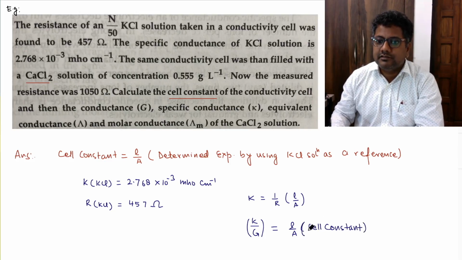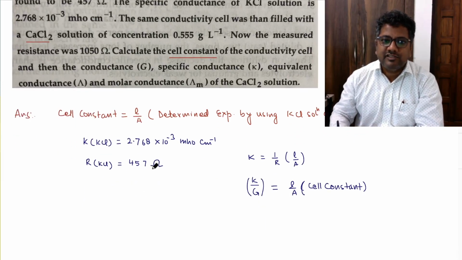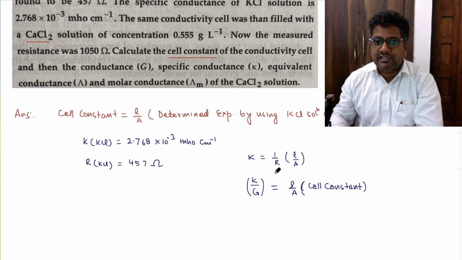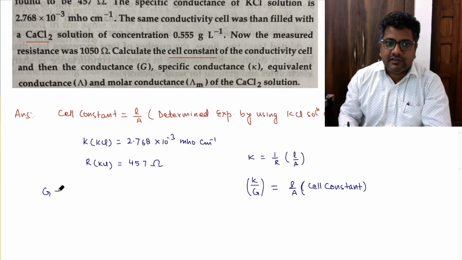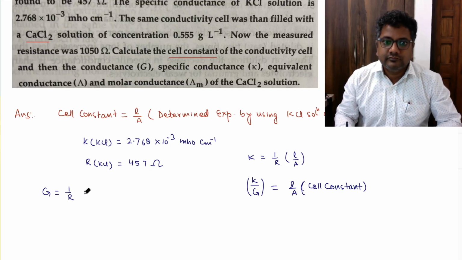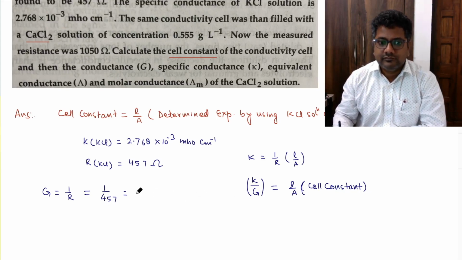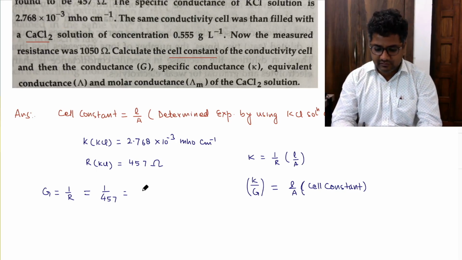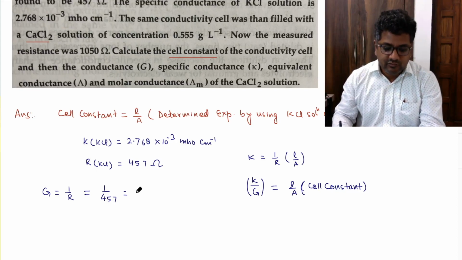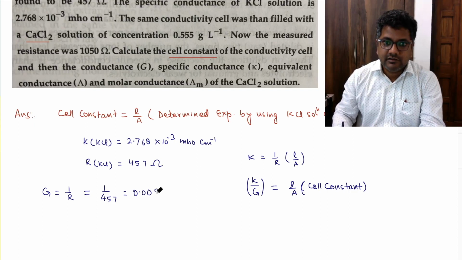So you have kappa, you have G. G is equal to 1 by R. So first we have to calculate G is equal to 1 by R, which is 1 by 457. It is 0.002188.